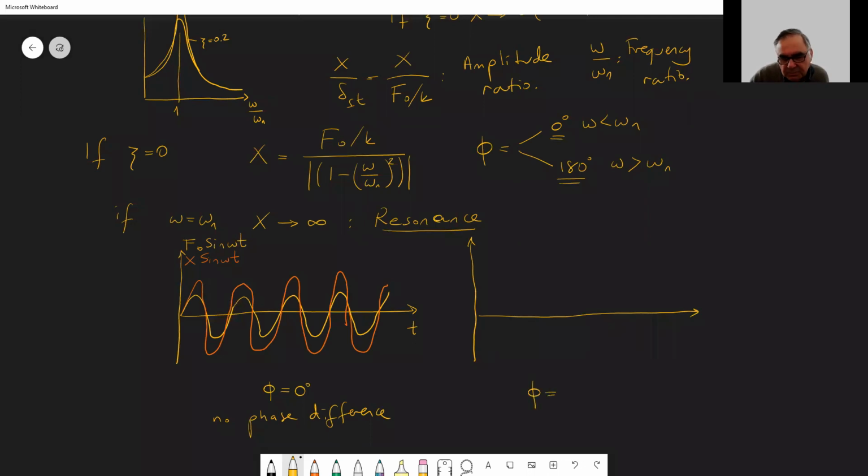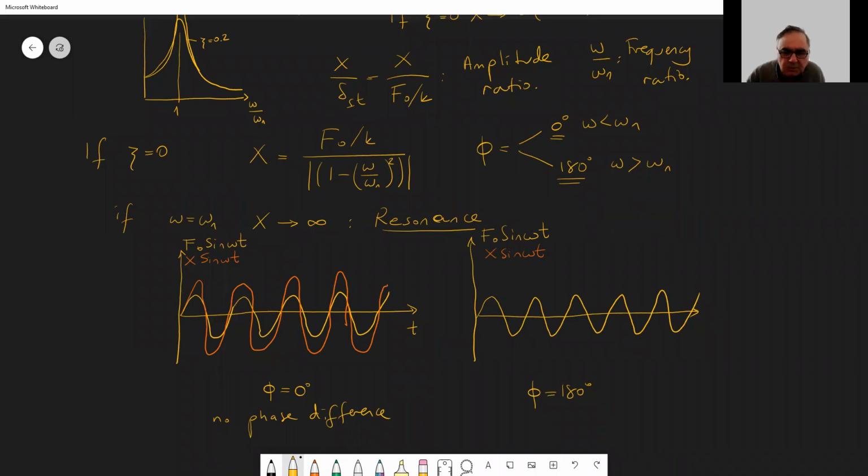Whereas if you have 180 degrees, this is phi equals 180 degrees. They are totally out of phase. This is again F0 sine omega t. The red one is X sine omega t, let's say. This is the forcing.